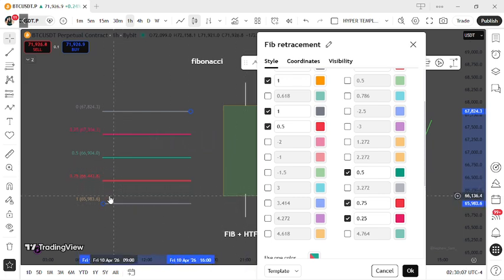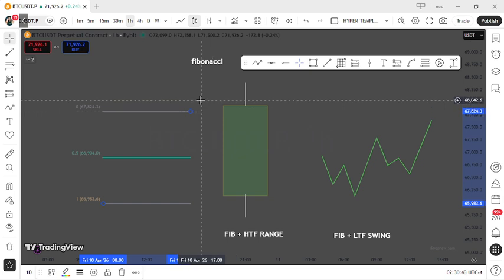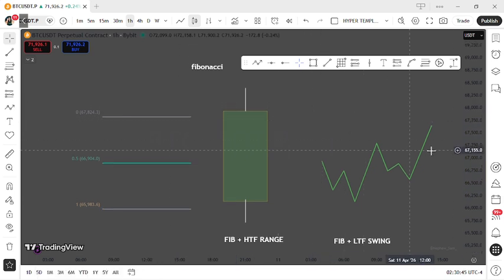The 0.25 will divide the higher half of the Fibonacci into two, and the 0.75 will divide the lower part into two, for those of you that like to enter at the extreme levels of a retracement. Okay, so that is if you like to have it that way, but I prefer to have it just like this so that I don't confuse myself. So that is how you set your Fibonacci tool.